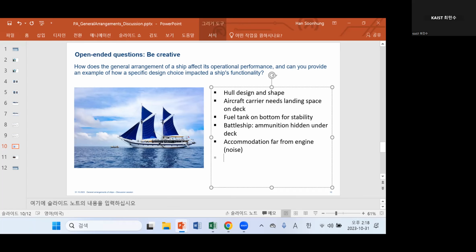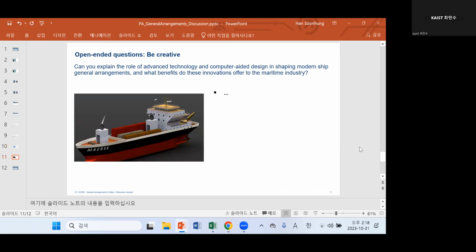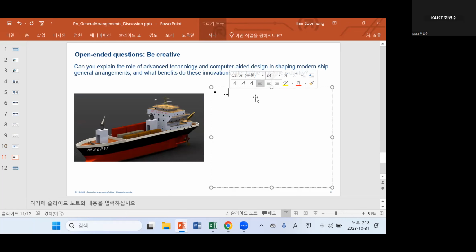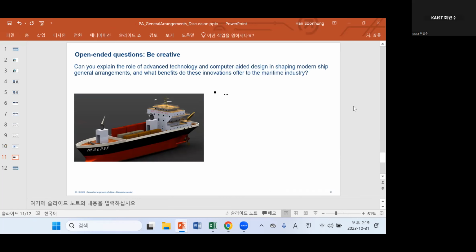One more example, anyone? Right, I guess we're fine. Maybe one last question, because we saw earlier this great video of the 3D model of a ship. So with all this new technology that we have, how do you think this impacts the development of ships and the general arrangement?